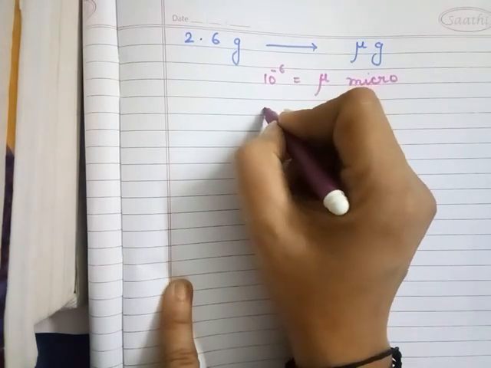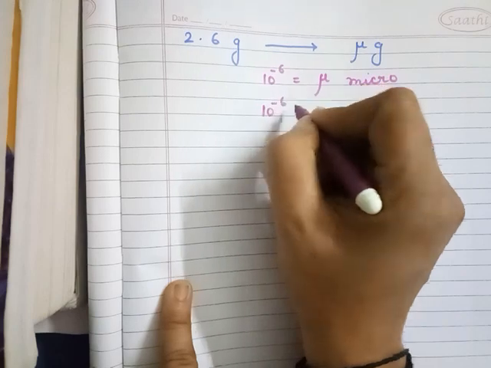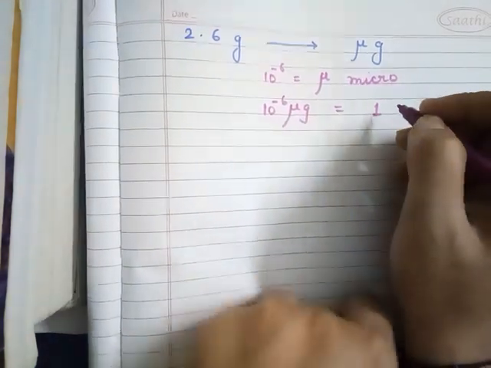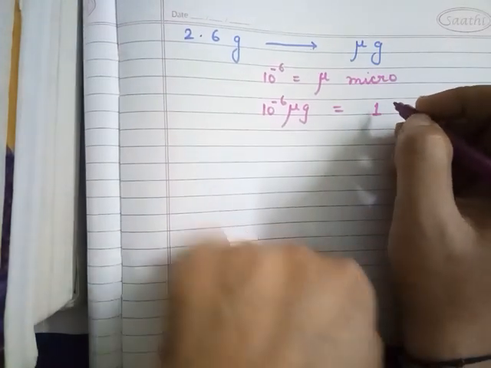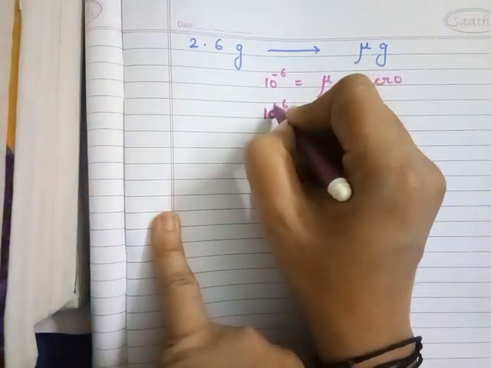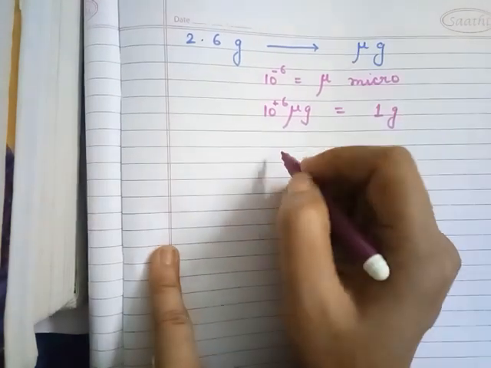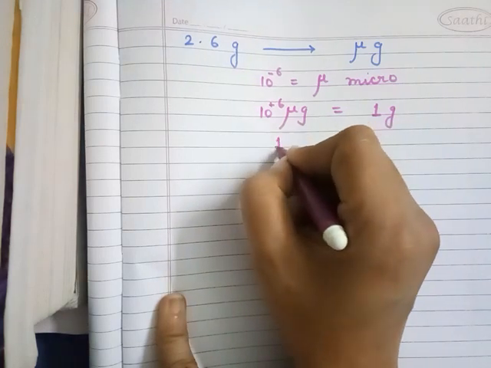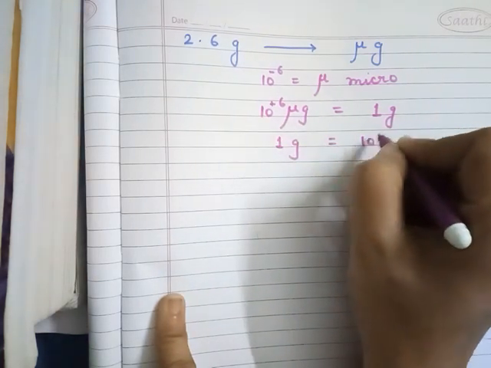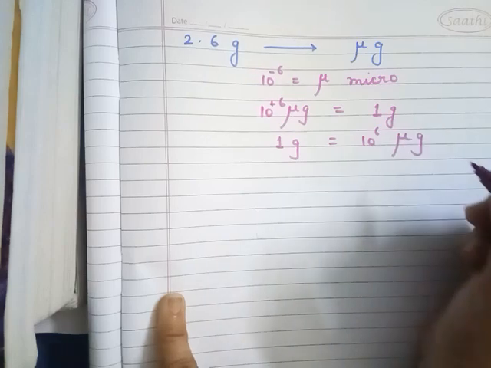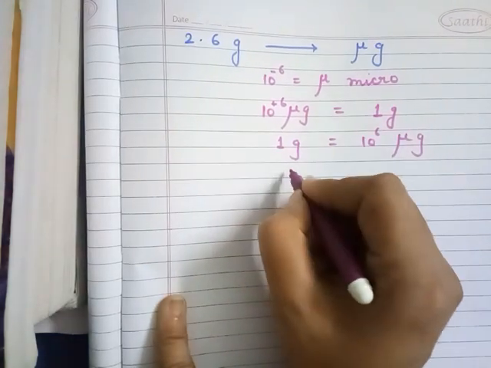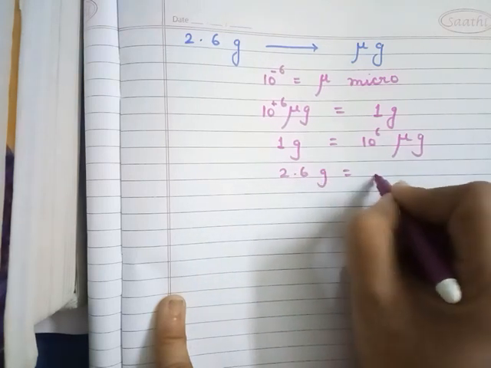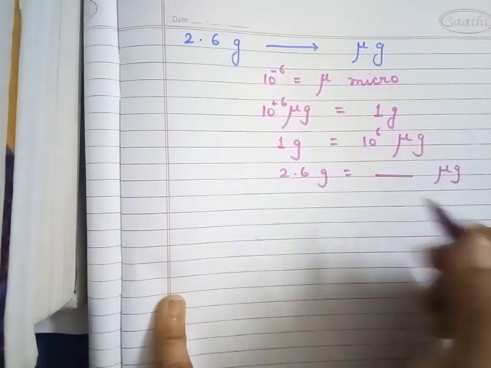So 10 to the power minus 6 gram is equal to 1 microgram. So if I have 1 gram, it is equal to 10 to the power 6 microgram. So 2.6 gram is equal to how many microgram?